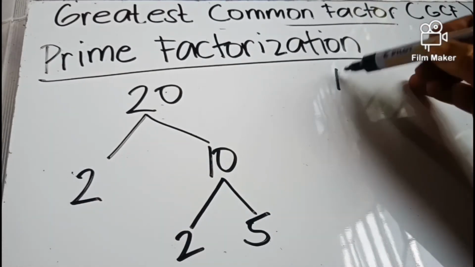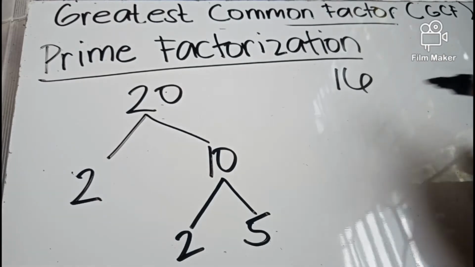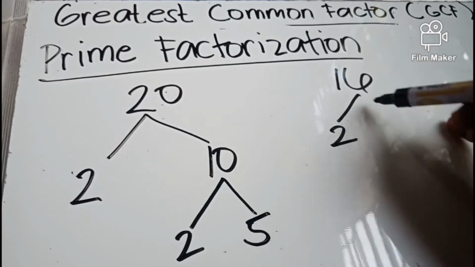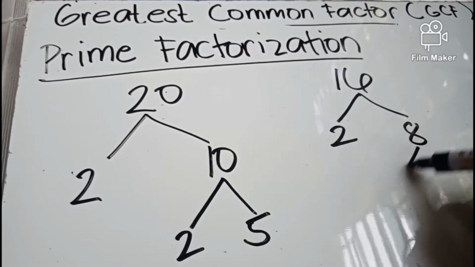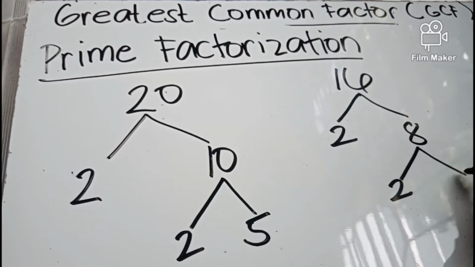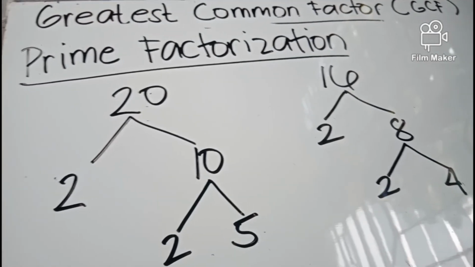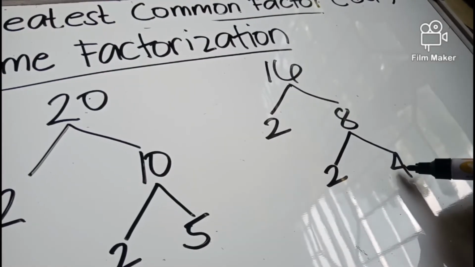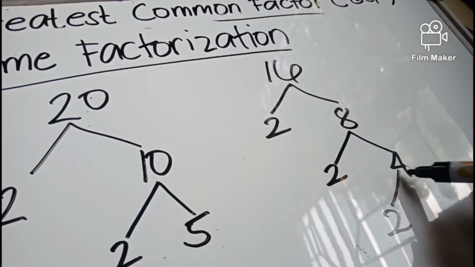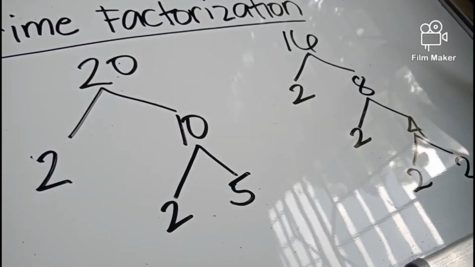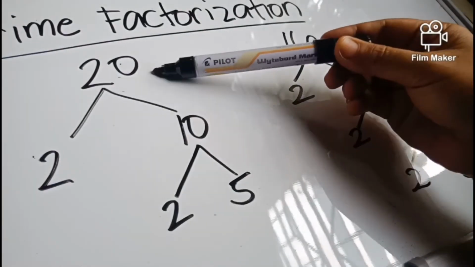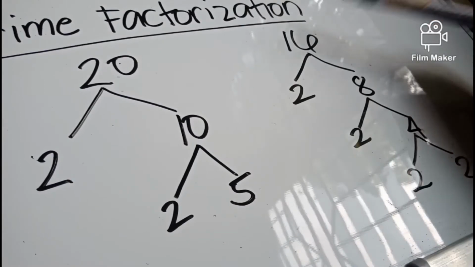How about factors ng 16? So, we have here 2 and 8. Sa 8 naman, ang factors niya ay 2 and 4. And ang 4 naman, yung factors niya ay, ang factors naman ng 4 ay 2. So, ito yung factor tree ng 20 and 16.